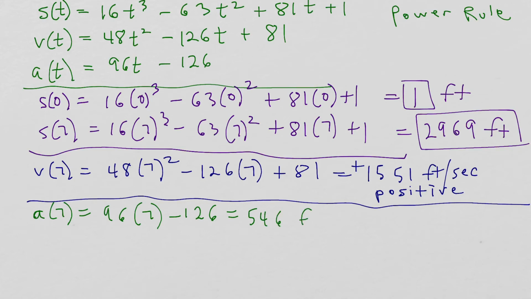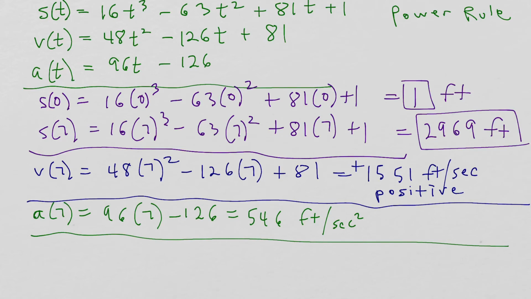You have to be careful with your units of acceleration. They're feet per second squared or meters per second squared, so you're always going to have time squared in the denominator. So at 7 seconds, my acceleration is 546 feet per second squared.